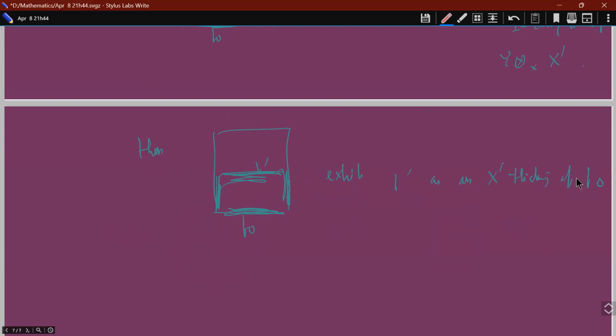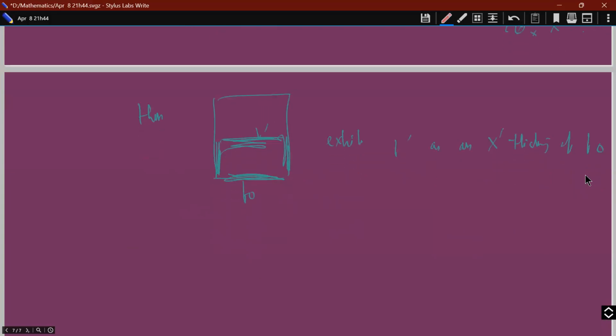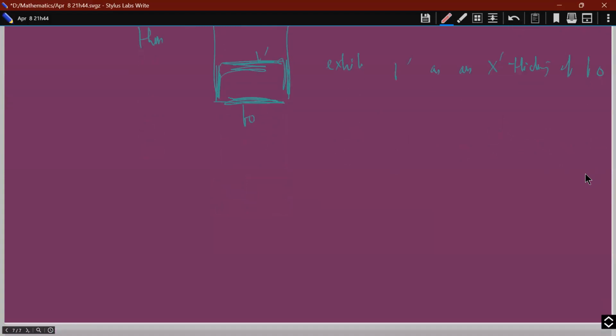Now the main existence result for thickenings, the main theorem. I will also give a proof for this. Suppose that A is an E-infinity ring. Then I is a finitely generated ideal, and we can define it so.